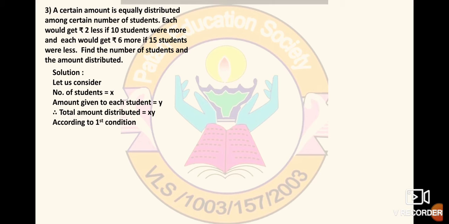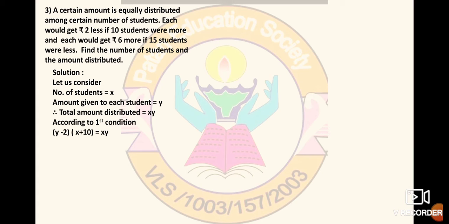According to the first condition, each would get rupees 2 less, so y minus 2, and if 10 students were more, so x plus 10. So (y minus 2)(x plus 10) is equal to xy, as the total amount will remain as it is.